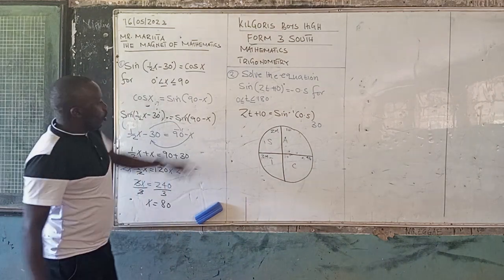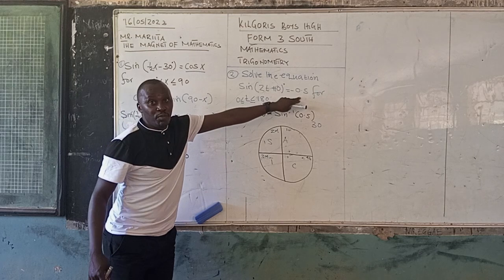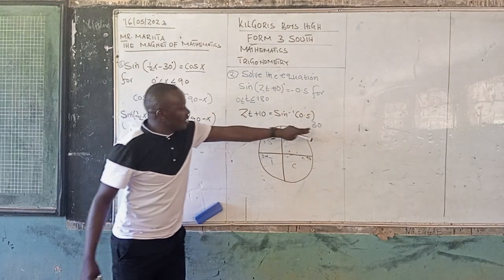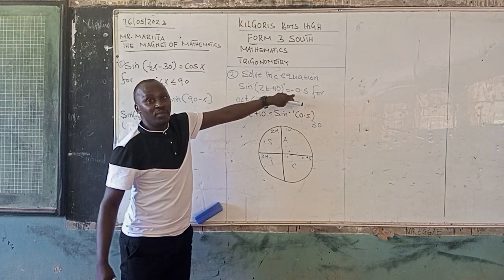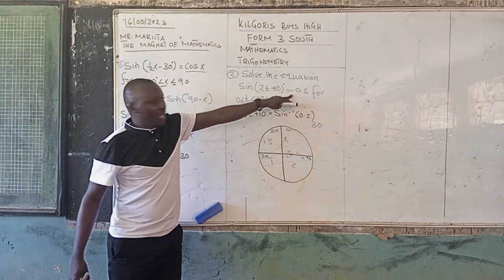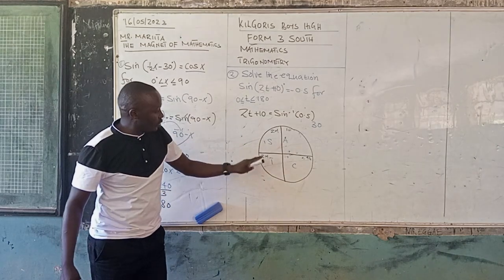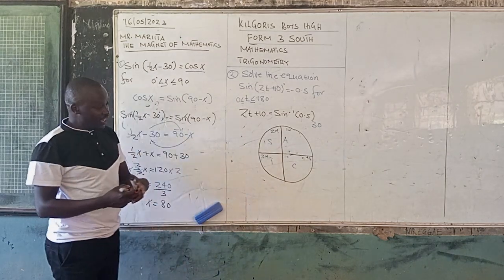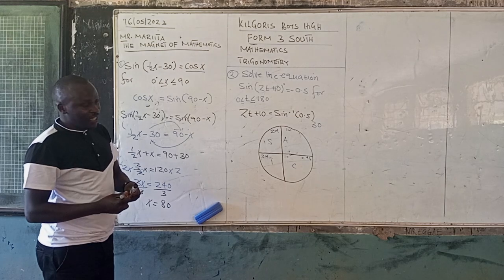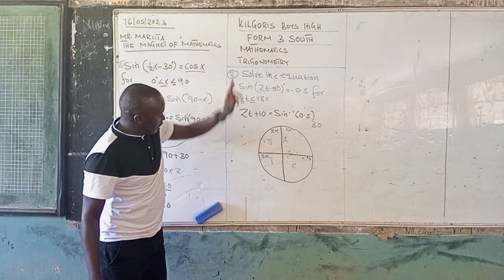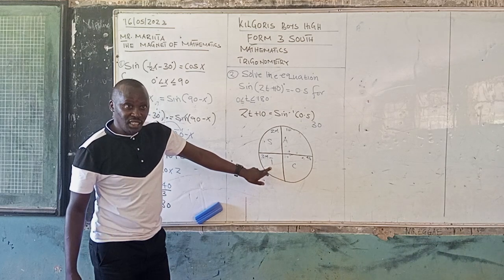Now, we have this as negative 0.5. Where can it lie on this quadrant? Where can we find this sine 30? It must be a negative. Where do we have sine being a negative in this quadrant? Is it in the first, third, or the fourth? The third and fourth. So here we have the sine which is positive. Here we have sine is positive.